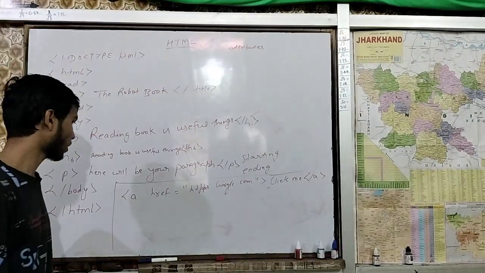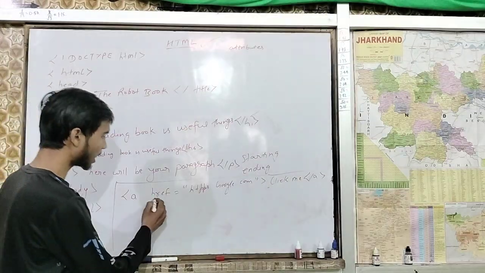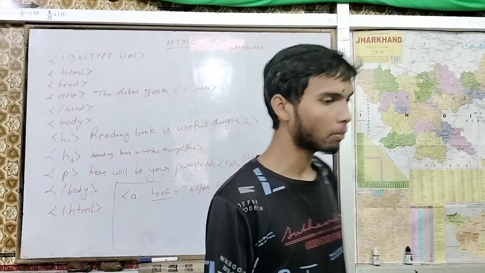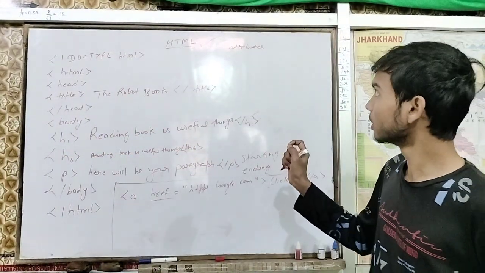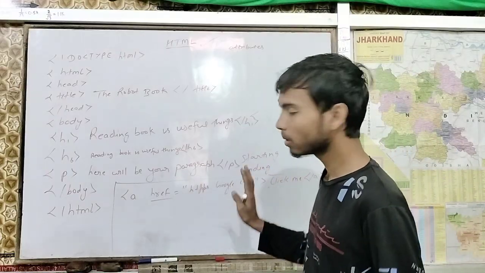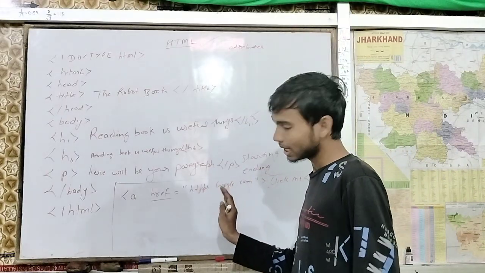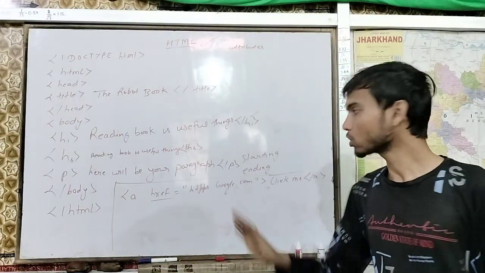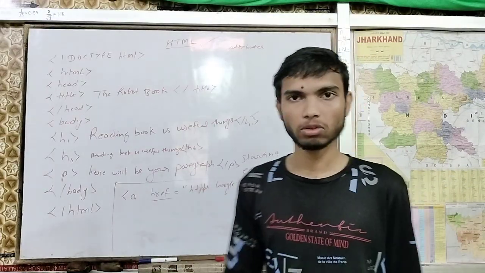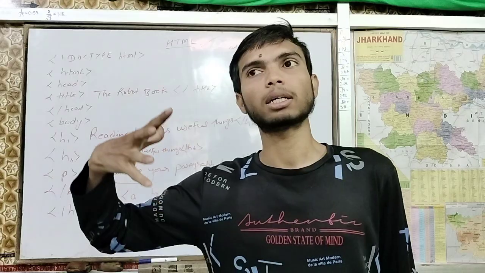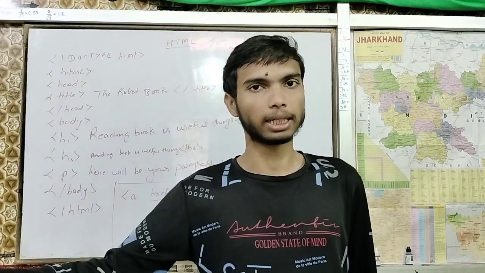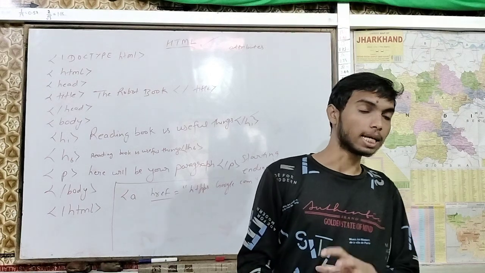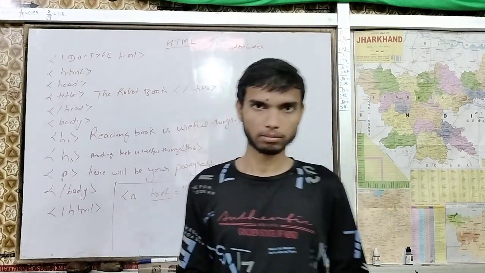So this href is an attribute. Remember, attributes will be applied inside the starting tag. There is no work of attributes in the ending tag. The attribute will always come inside the starting tag.